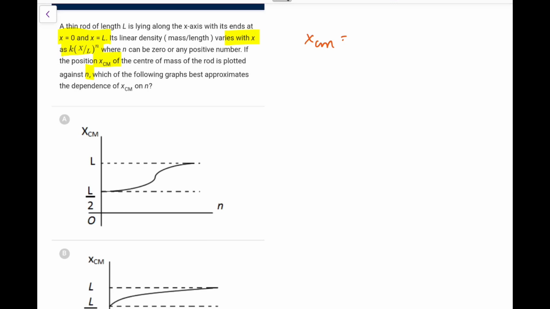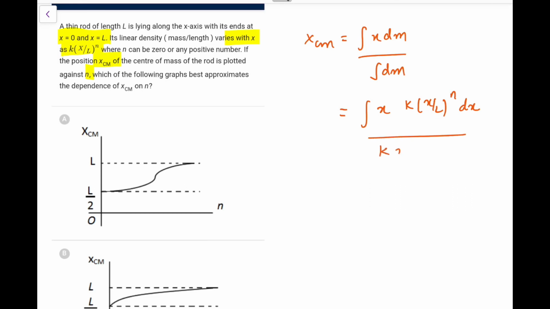We have the formula x_cm as integration of x dm upon integration of dm. So x dm is x lambda dx, where lambda is k times (x by L) to the power n, times dx.